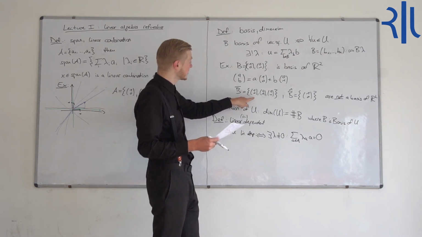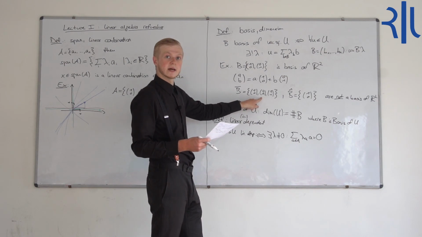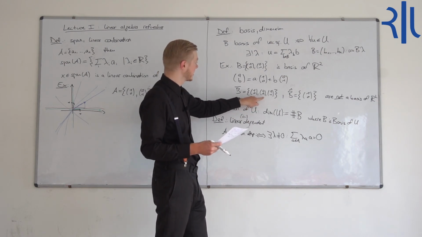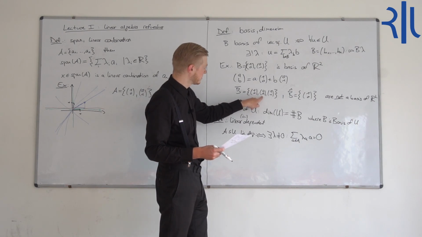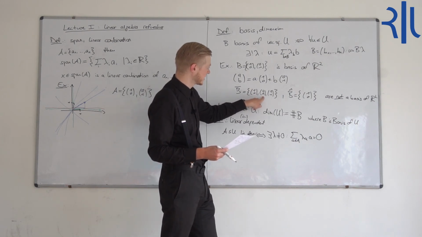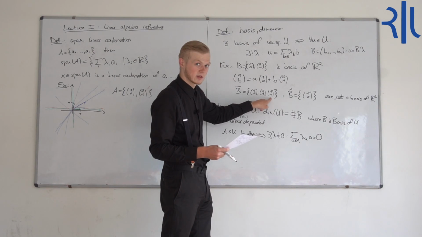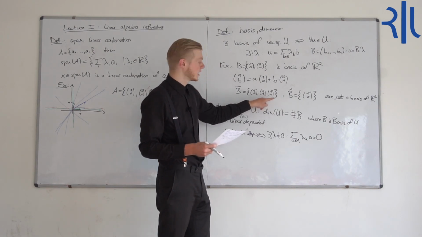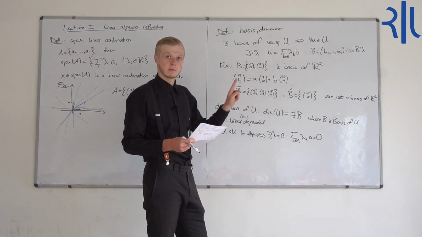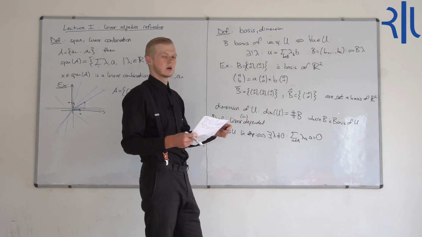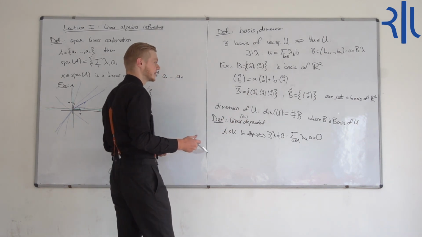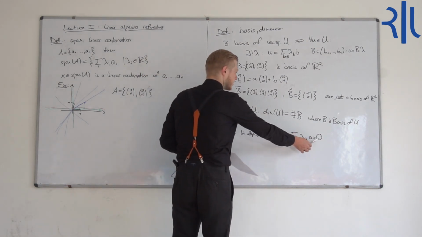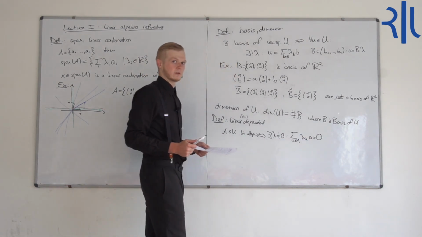Again, this set here would be linear dependent because we can write -1 times this plus -1 times this plus 1 times this. This would yield 0. However, the lambda would be -1, -1, 1, so it would be unequal to 0. And we have found a linear combination that yields the 0 vector.